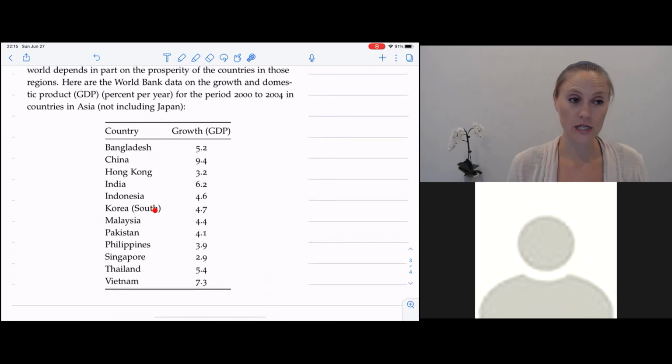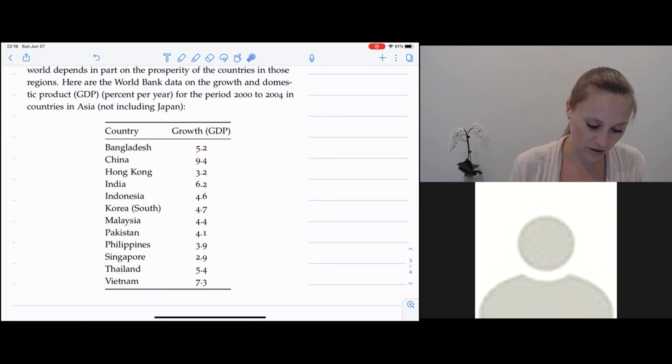We've got the country, which is categorical, but then we have the growth, the GDP, which is numerical. It's a percentage per year, so it makes sense to talk about the average. So the numerical variable is the one we're interested in.